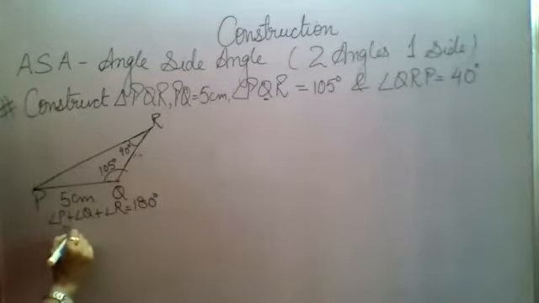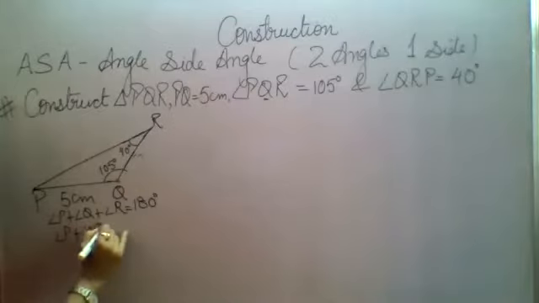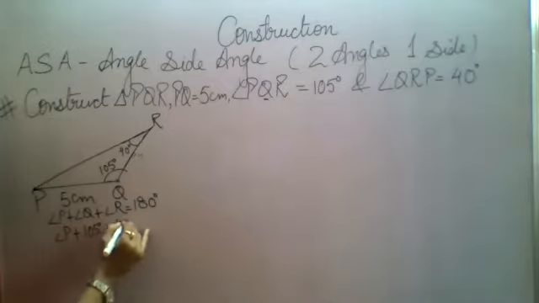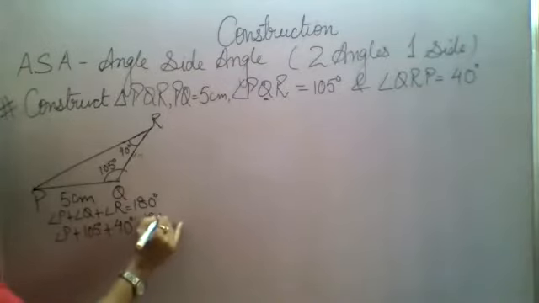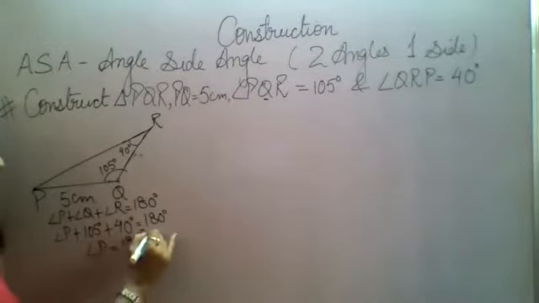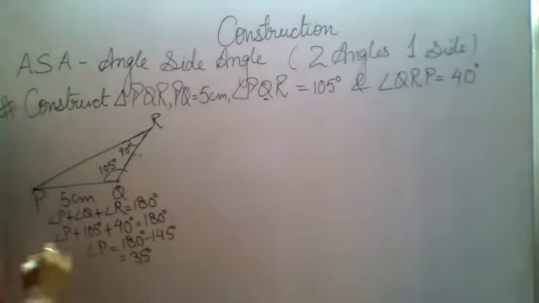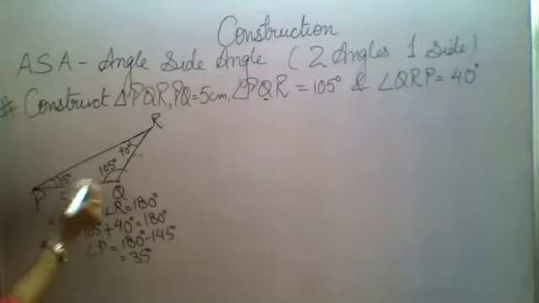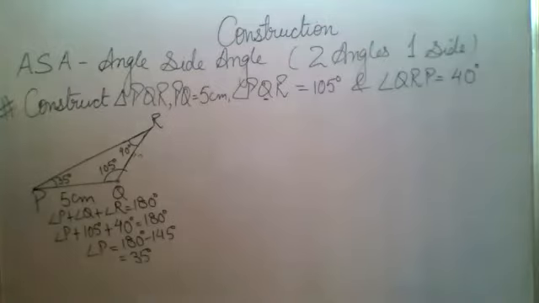Angle P is not given, angle Q is 105, angle R is 40 degree. So angle P will be equal to 180 minus 145. It will be 35. It means rather than constructing 40 degree, I will take 35 degree. So now let's start. Rough figure is important so that it will give you idea how to start.